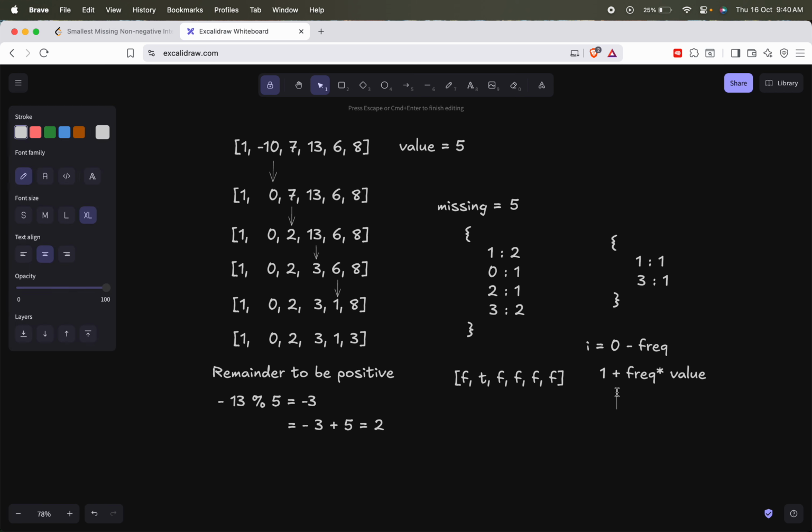So let's take it: 1 plus, initially let's assume i is 0.